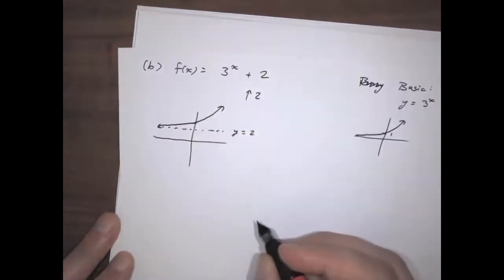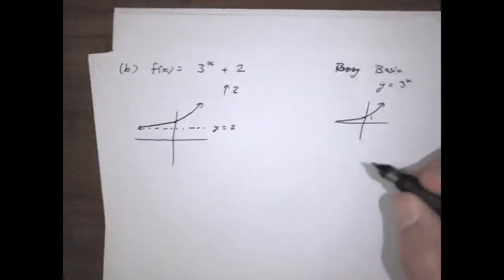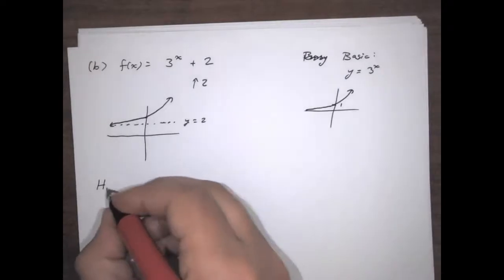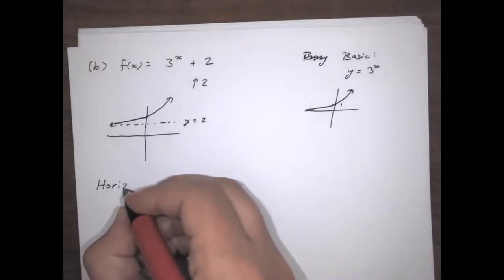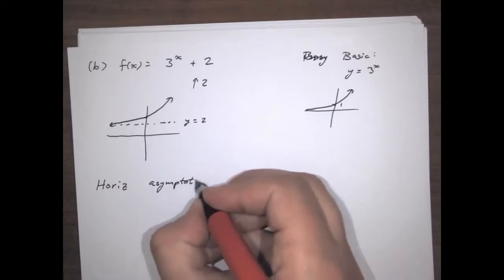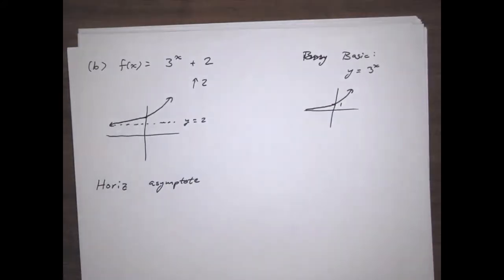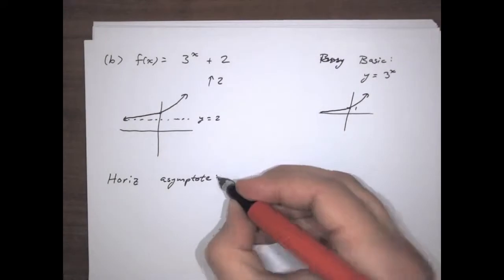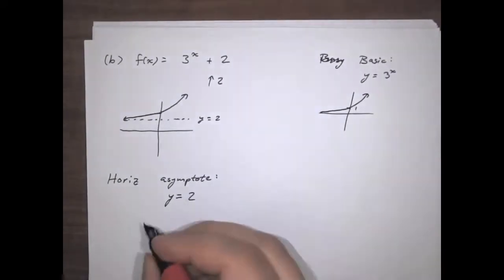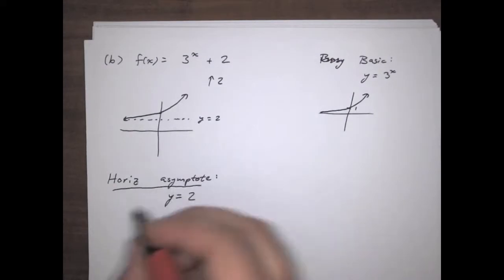So now it's going like so. So we've got now a new horizontal asymptote. And that horizontal asymptote is at y equals 2 instead of at y equals 0.